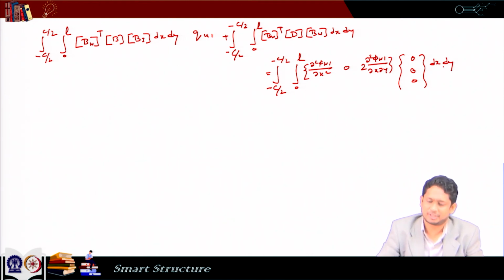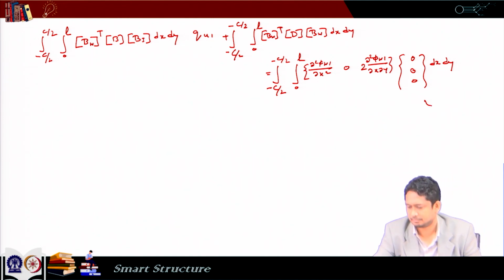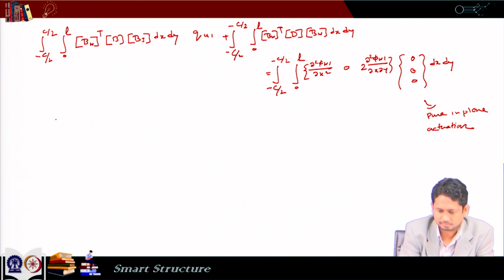Our piezos are actuated symmetrically with same voltage. So, we can write it here. Pure in plane actuation.